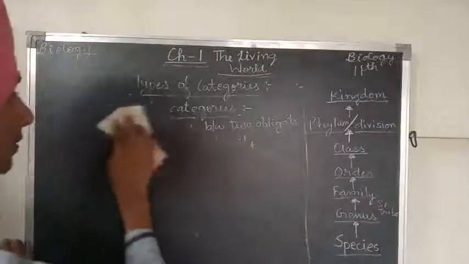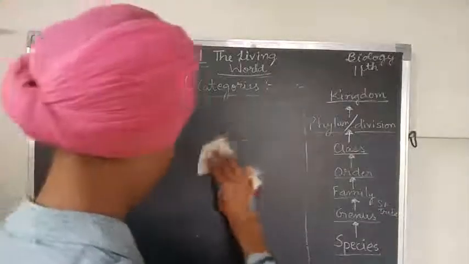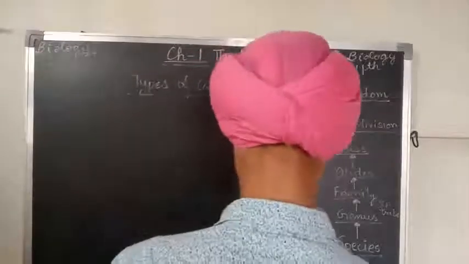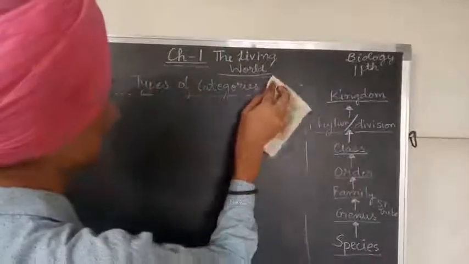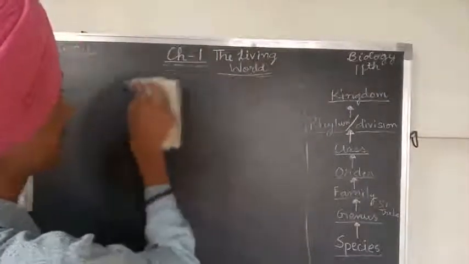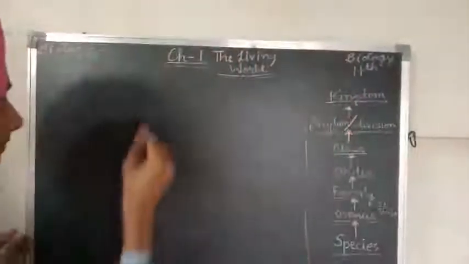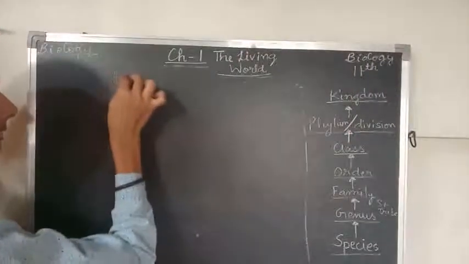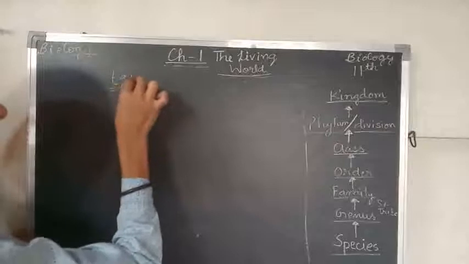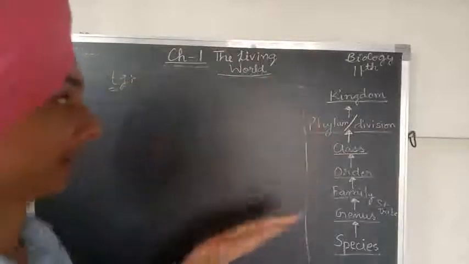Now we have to take examples in the form of a flowchart. Examples of all categories.